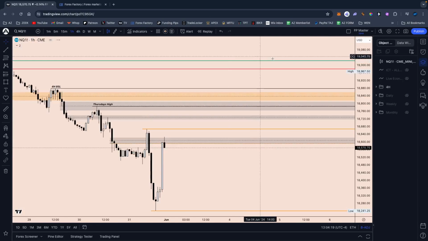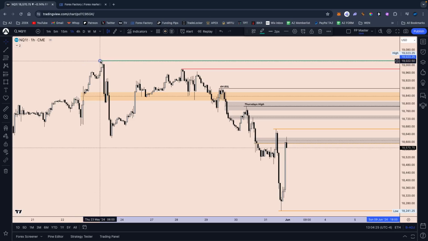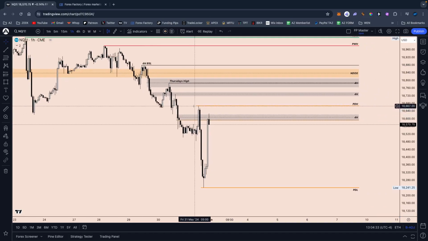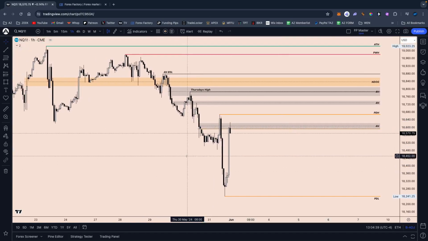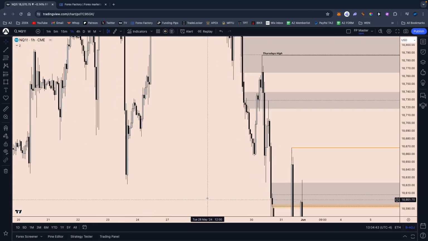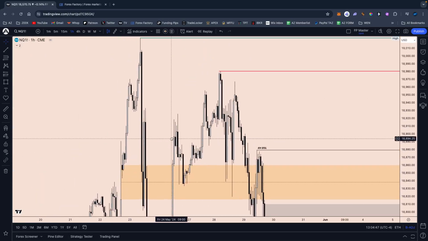Let's drop that down to the 1 hour time frame. Previous week high from last week Monday or Tuesday actually, 4 hour equal high buy side, first day's high, previous day's high, previous day's low. New day opening gap.